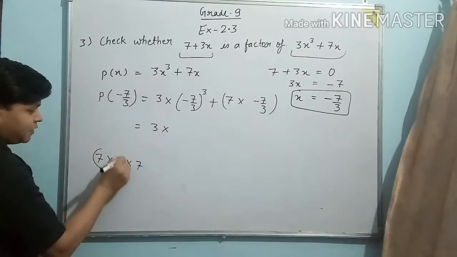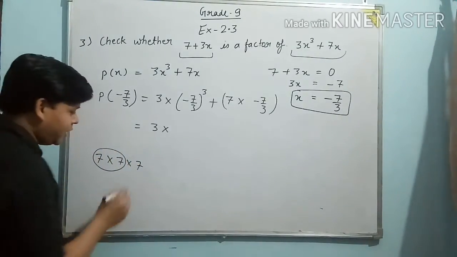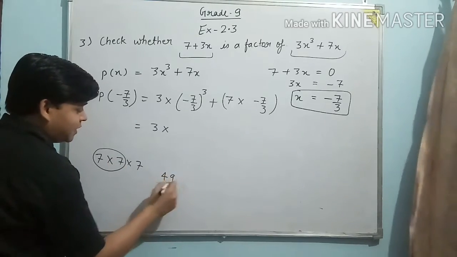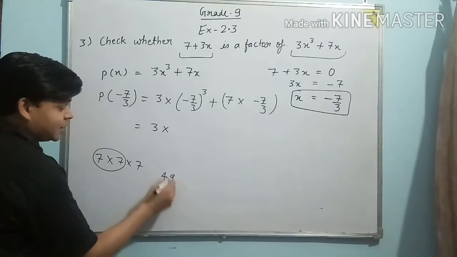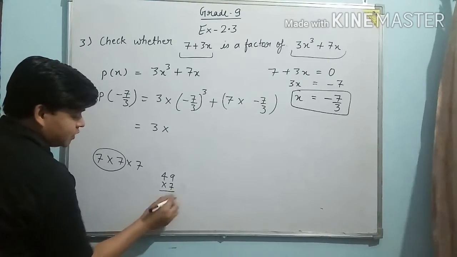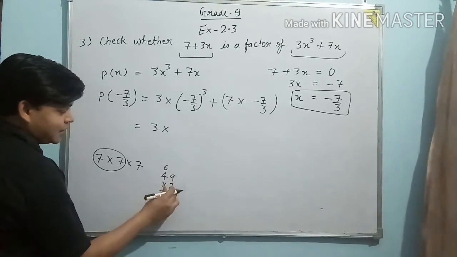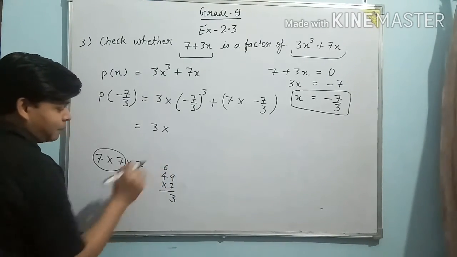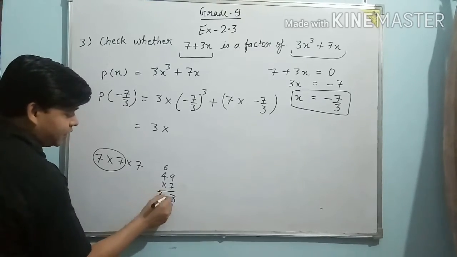So 7 into 7, we all know that is 49. And 49 into 7, so let's multiply 49 and 7, we get here 7 9 times 63, so let's write 3 and 6 carry, 7 4 times 28 plus 6, we'll get here 34.